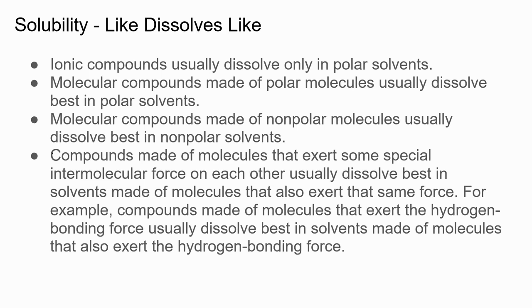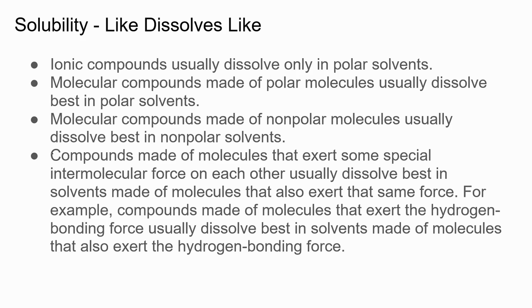If it's a molecular compound and it's polar, it will more likely dissolve in a polar solvent. Polar dissolves polar. So like dissolves like. Ionic is kind of like polar. Polar is like polar. Non-polar dissolves in non-polar. So if it's all carbons and hydrogens, that's going to dissolve in all hydrogens and all carbons.